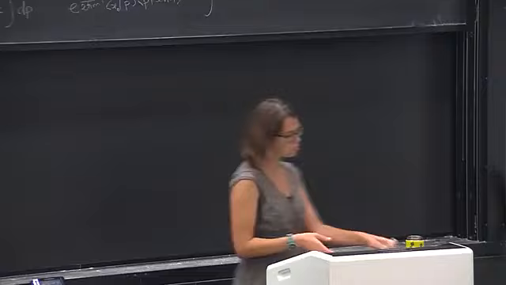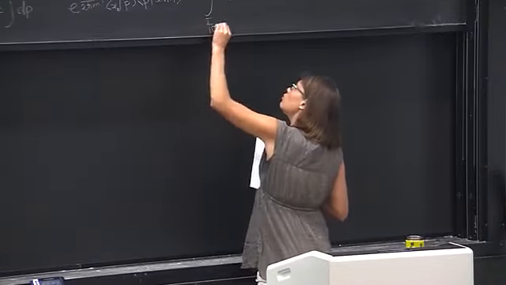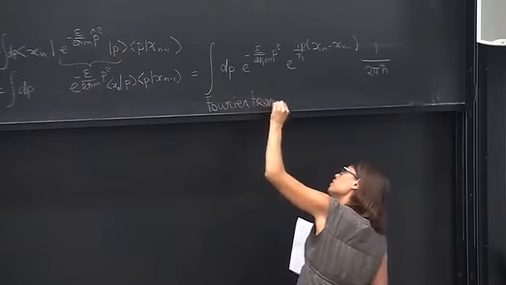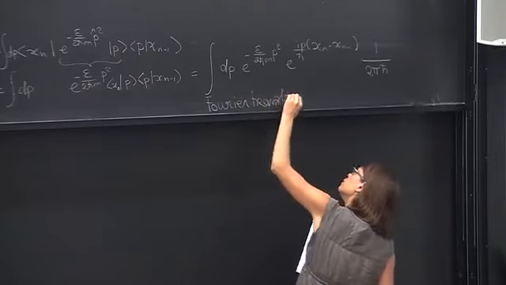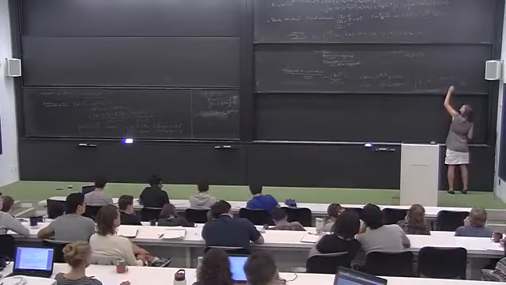But here, I'm just really going to use the fact that we get the Fourier transform of a Gaussian, and use directly the result, okay?